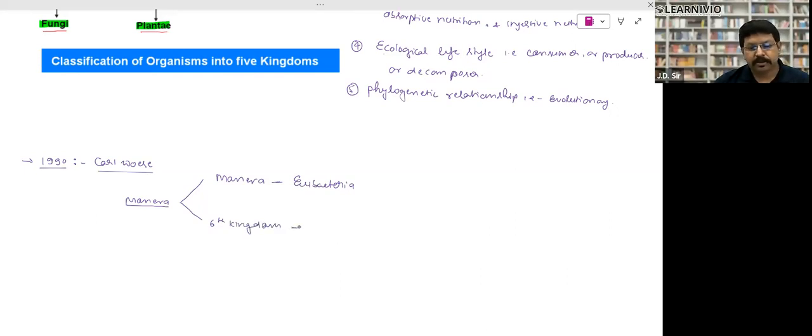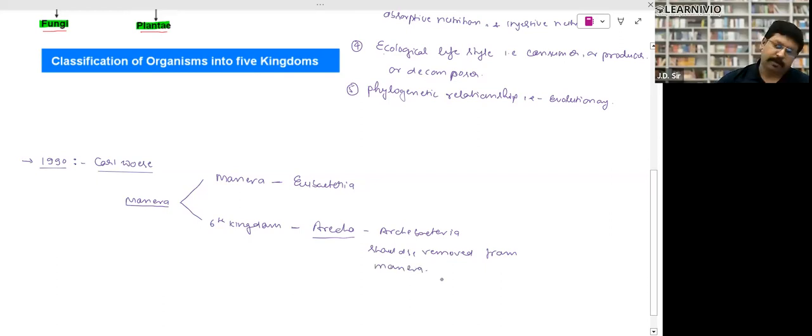That 6th kingdom should be Archaea, and in Archaea there should be Archaebacteria only. Archaebacteria should be removed from Monera and placed over here. So the 6th kingdom was Archaea.